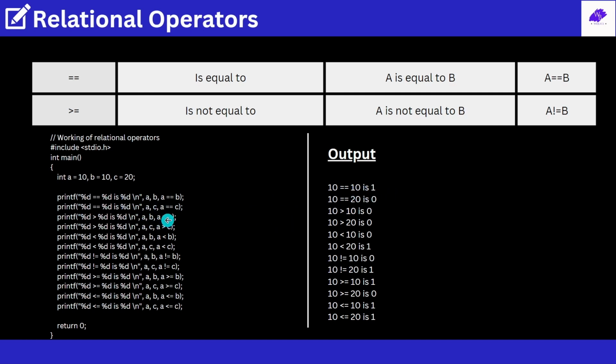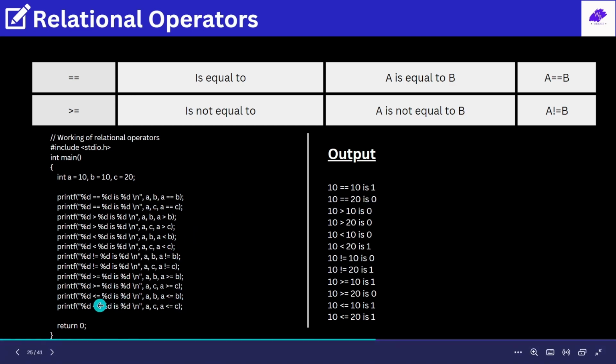But in the next case there is a and c, a equals to c, with the format specifier for each. Here we can see that a is equal to 10 and c is equal to 20, but both are not equal, so it will return a value of 0. In the same way, for the last operator, we print "%d is less than equal to %d is %d": the first %d is a, the next is c, and the relational operator is a is less than equal to c.